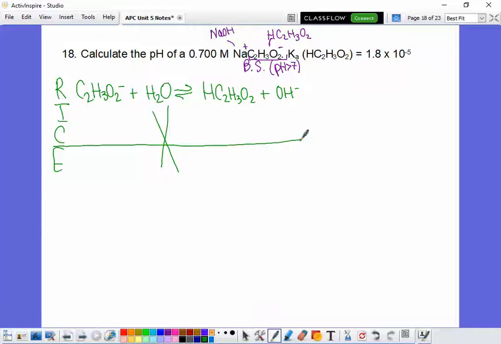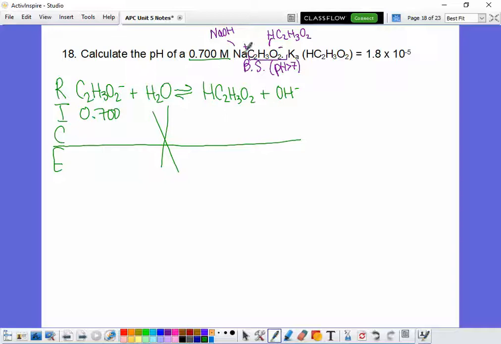What's my initial acetate ion concentration? 0.700. Why? But wait, that concentration is for sodium acetate. How come I can say it's the same for acetate ion? Because for every 1 molar sodium, there is 1 molar acetate. First of all, it's a 1-to-1 ratio between the ions. And this is what type of electrolyte?